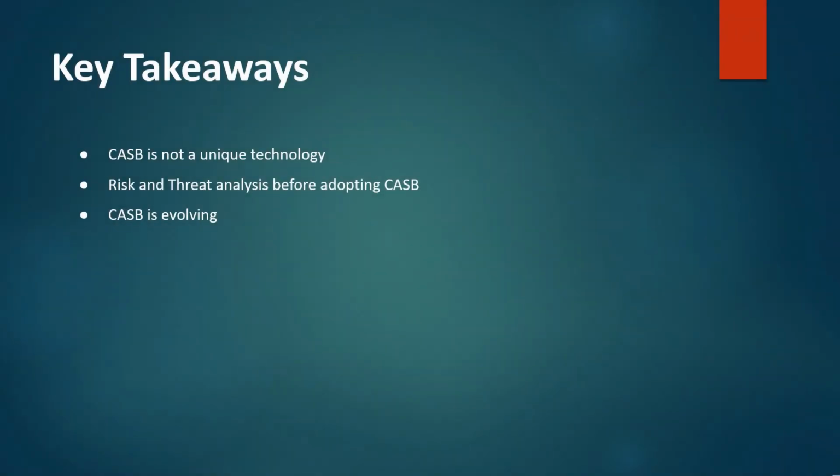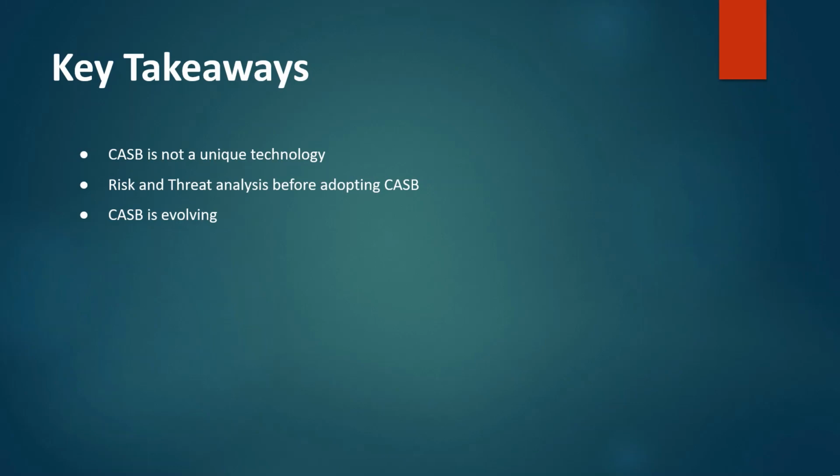The key takeaways from this course would include, number one, CASB itself is not a unique technology. It's nothing new. It's basically a demand-driven solution built from a bunch of existing technologies to solve the gap in cloud security. And number two, to adopt CASB, do not start from technical details, but instead go through risk and threat analysis first, identify the key risks, and then apply the corresponding security capabilities.